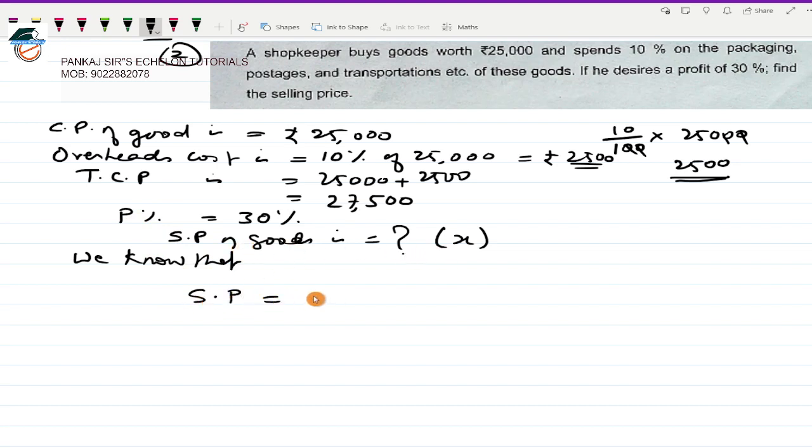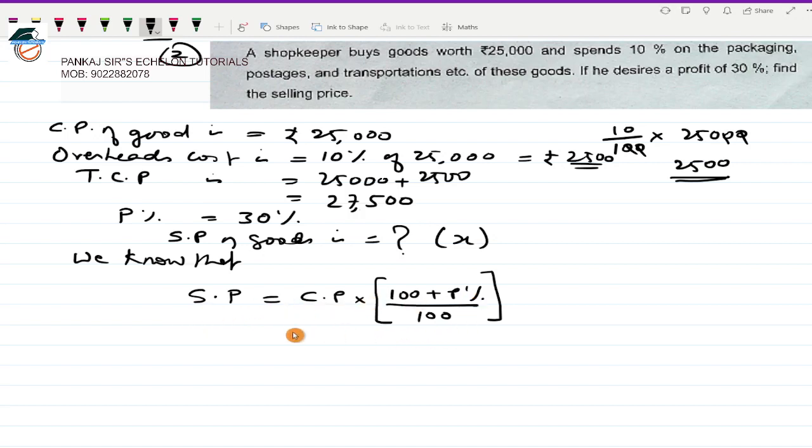Selling price is equal to cost price multiplied by 100 plus profit percent divided by 100. This formula you can recollect from the previous videos. I have discussed all the formulas that are possibly used in this particular chapter. So this is one of the formulas, selling price is equal to cost price into 100 plus profit percent divided by 100.